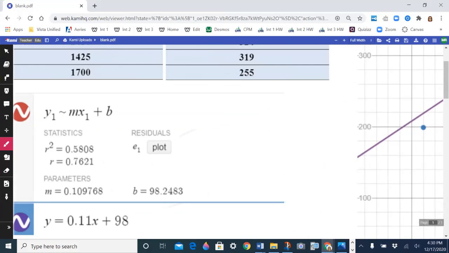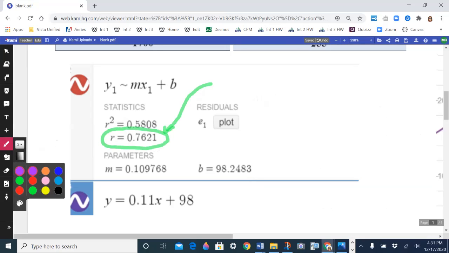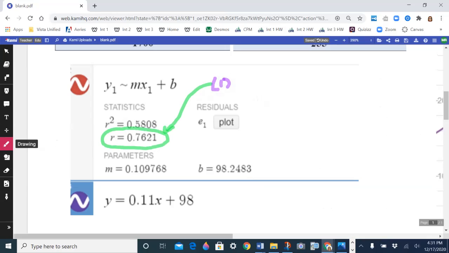Let me highlight here that this right here is your correlation coefficient. That's going to be called our correlation coefficient.